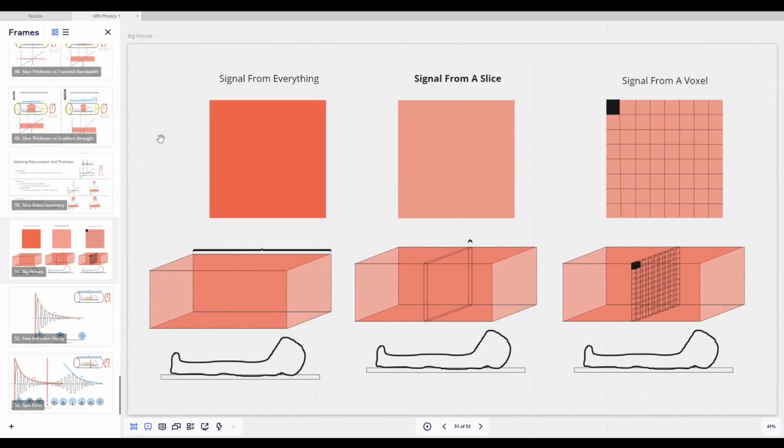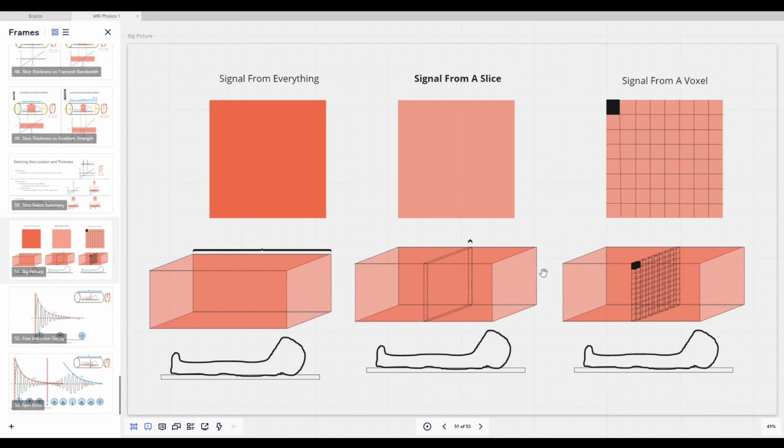Okay, so we went from exciting the entire patient and getting signal from everything, right? To now we've applied a slice selection gradient here. We're only exciting spins that match our RF frequency. And depending on where we set the transmit bandwidth of our RF pulse, we can acquire a slice through the head or through the feet or wherever we want.